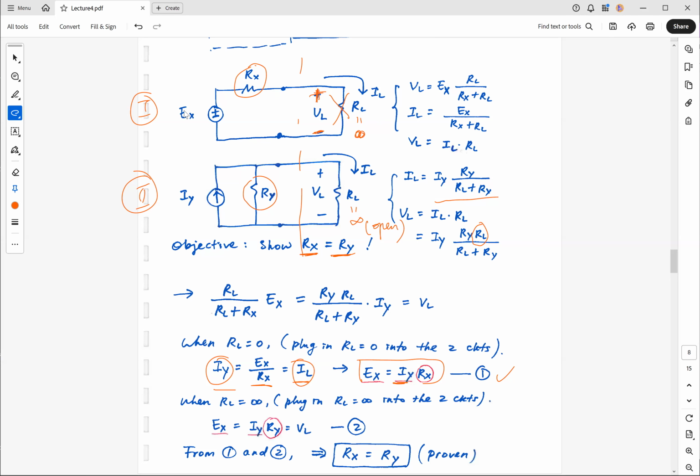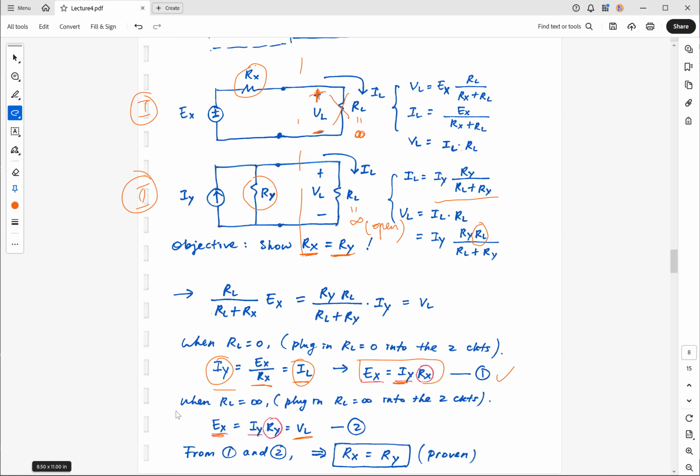So as a result, all of this EX will have to show up across these two terminals as your VL. So one simple observation that I can make here is VL is equal to EX. This is one simple observation that you can make just by looking at the first circuit.